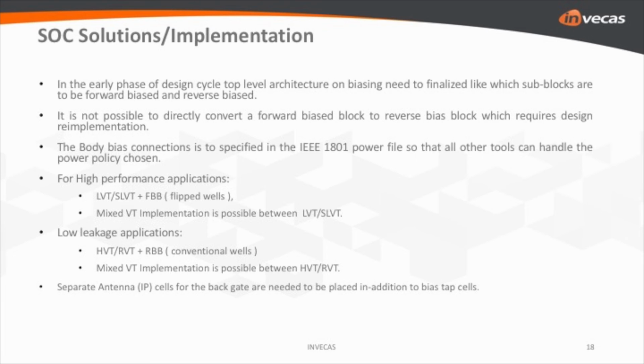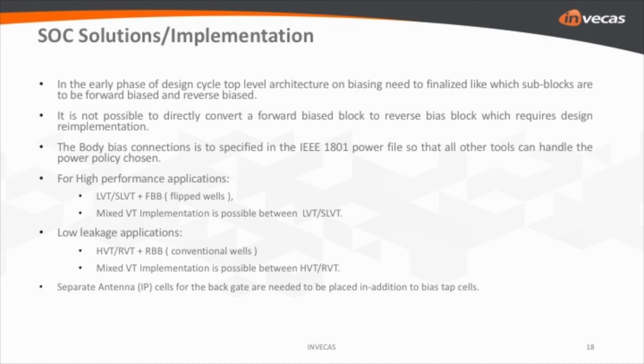Again, we have to keep in mind that for higher performance applications and low voltage operations, LVT and SLVT devices in flipped wells, that is forward body biased, are to be used, and a mixed VT implementation between the LVT and SLVT, where we can use both kinds of devices, is very much possible.